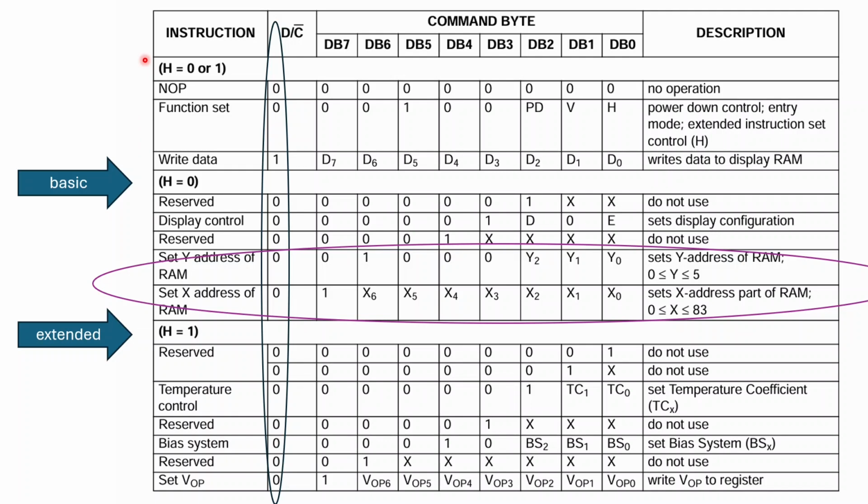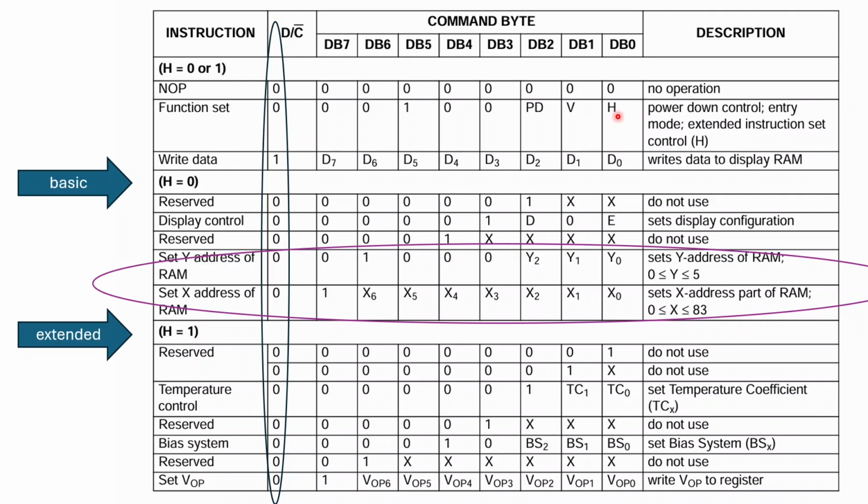The chip has 2 command sets called the basic command set and the extended command set, and you can specify whether you have a basic or extended command set by another command called function set. In function set you can specify power down control, but you can also say, I want a basic or an extended instruction set.